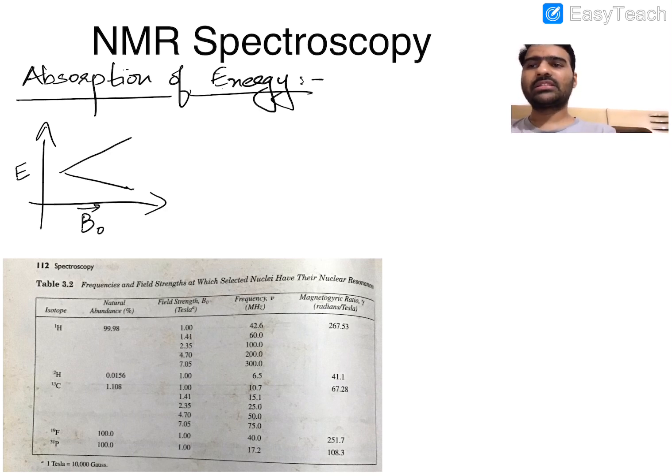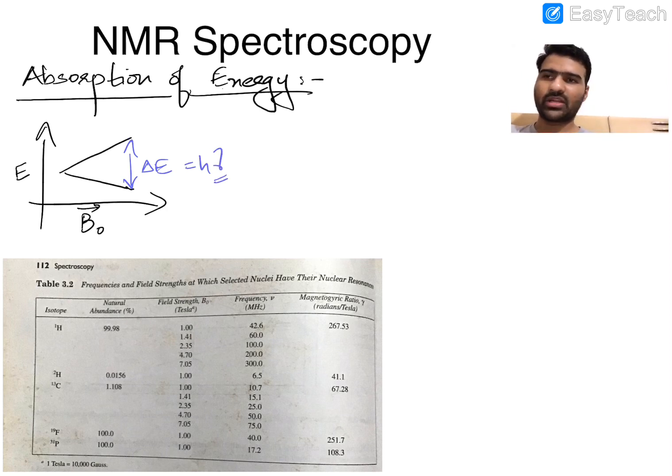As the strength of the external magnetic field goes on increasing, the difference between the energies of the spin states goes on increasing, and the frequency of light absorbed to go from the ground state to the excited state also shifts to higher and higher frequencies.